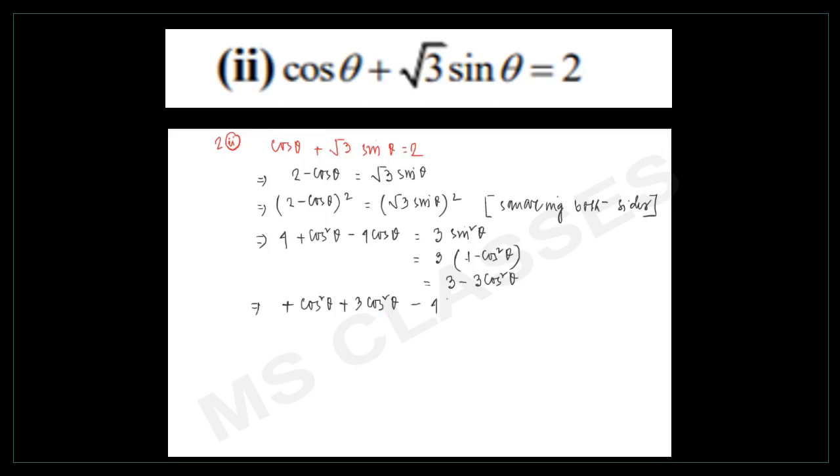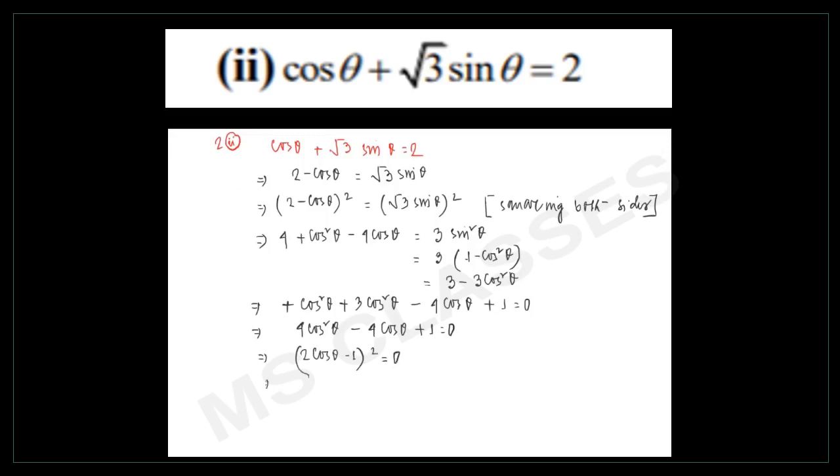So 4 cos square theta minus 4 cos theta plus 1 equal to 0. That is 2 cos theta minus 1 whole square equal to 0.